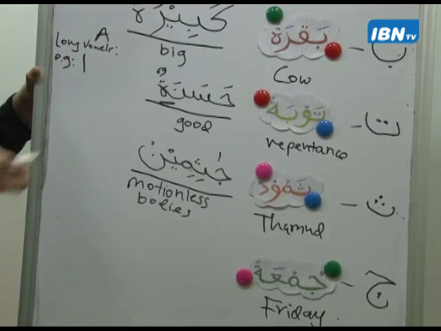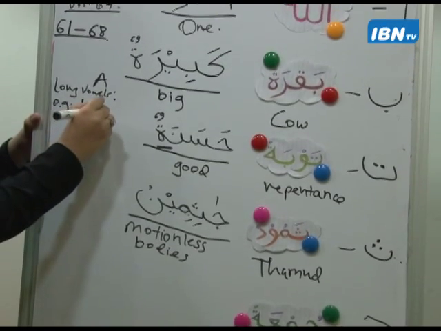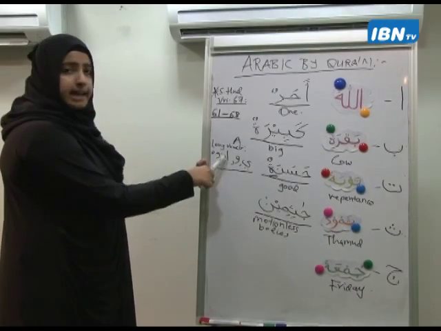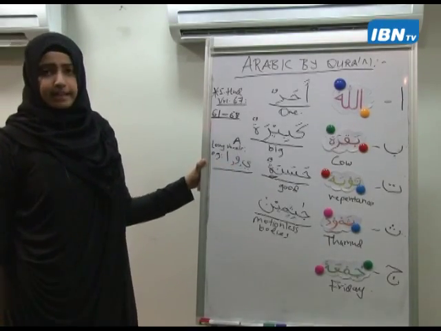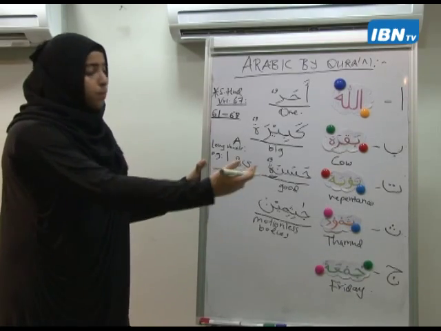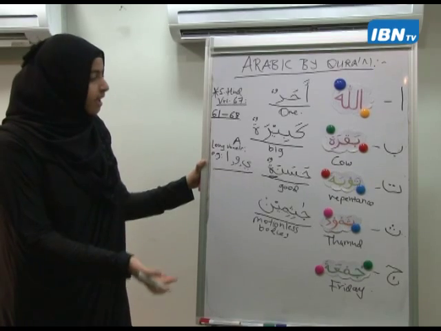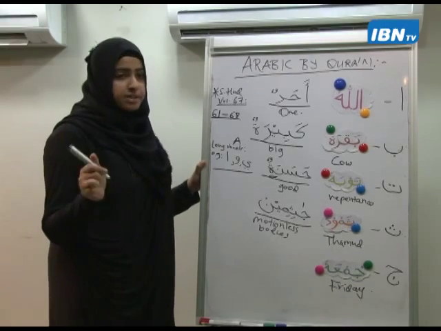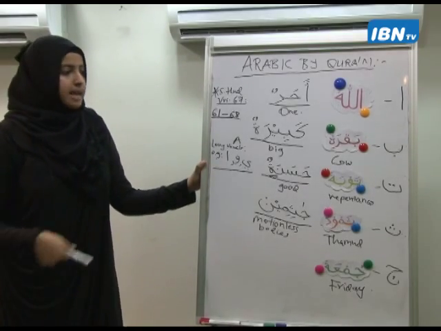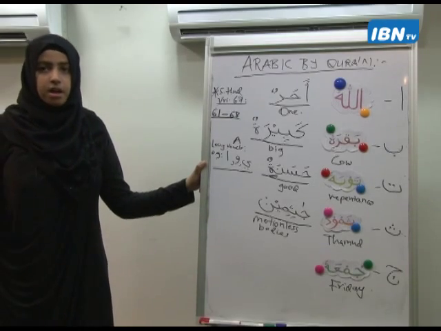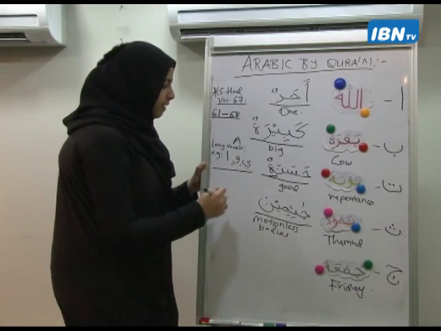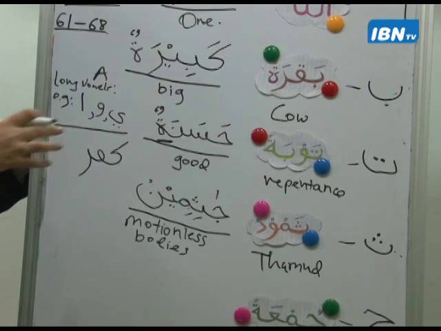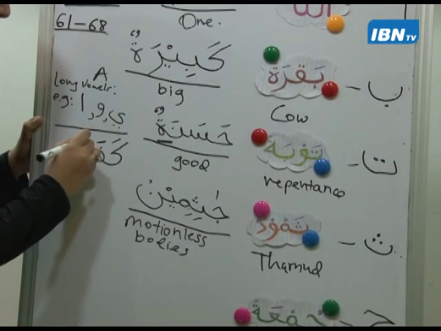We said the long vowels were alif, waw, and ya. So you find that in the Quran, the answer is given. Why was Thamud Jathimin? Because they disbelieved, kafaru. I had mentioned these long vowels are used as verbs, and you find such verbs in the Holy Quran. The verb is kafaru. If you look at verses 61 to 68, you'll find this kafaru somewhere there.